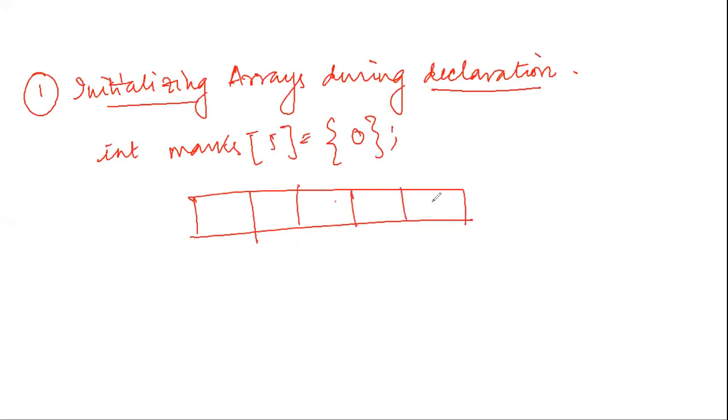It will block 5 places. You have only entered one element value, which is 0. The rest of the 4 element values you have not entered, so automatically the rest will be filled with 0. Okay. So these are the ways you do the initialization process during declaration. The next method is how we input the values from the keyboard.